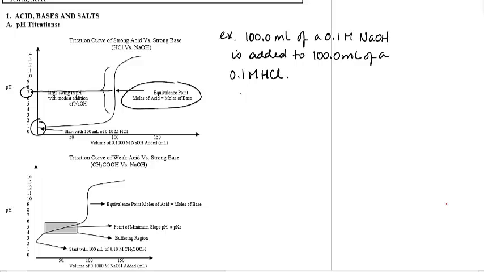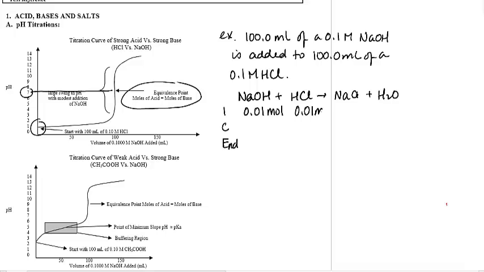When we take a look at the equation, we're going to have NaOH plus HCl yields NaCl and H2O. Now, if we take a look at the number of moles, we see that we have 0.01 moles of NaOH, 0.01 mole of HCl. At this point, there is no NaCl produced and there is no water produced.